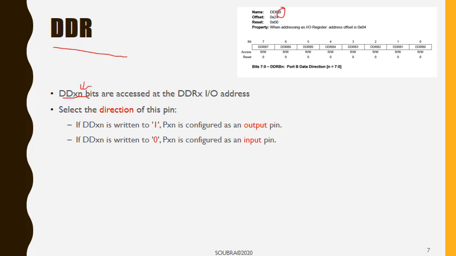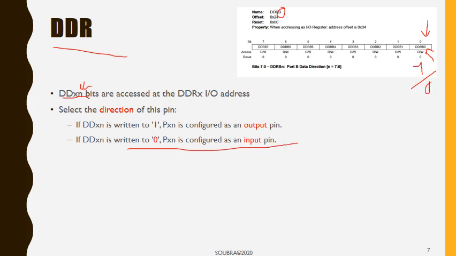So for instance, if I want to set up pin number 0 in my port B, I'm going to go ahead and program DDRB0. Alright? So if I want it to be an output pin, all I have to do is write 1 to it. If I want it to be an input, I'm going to write 0 to it.